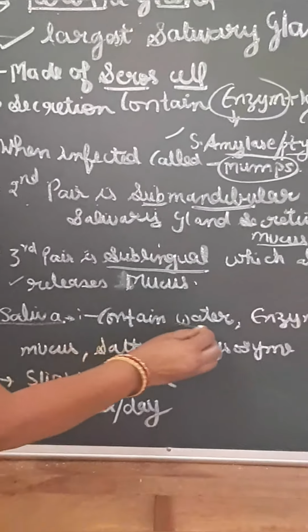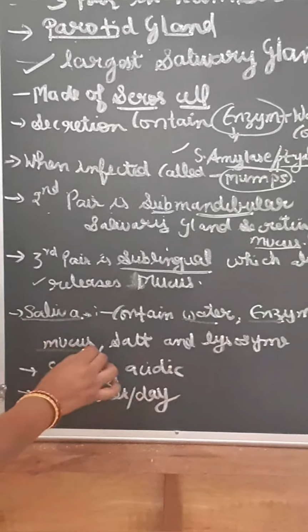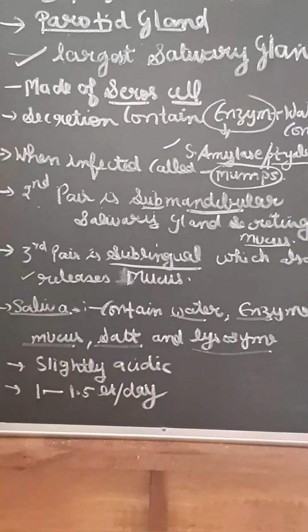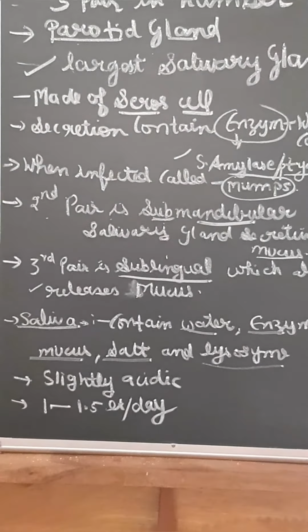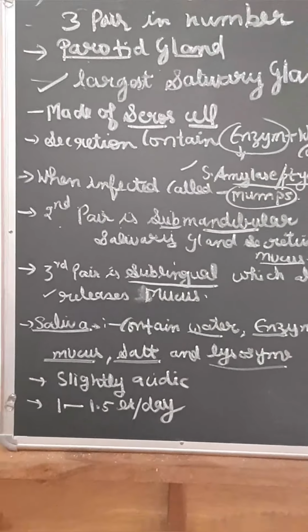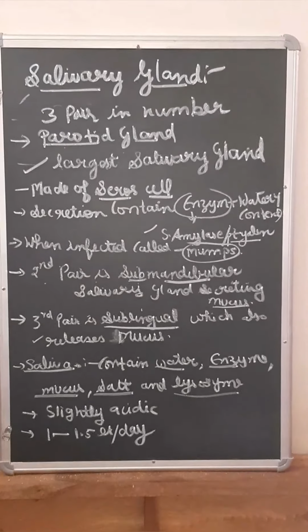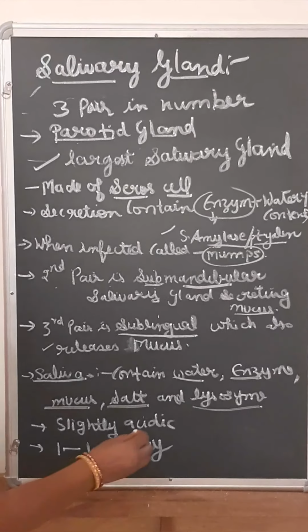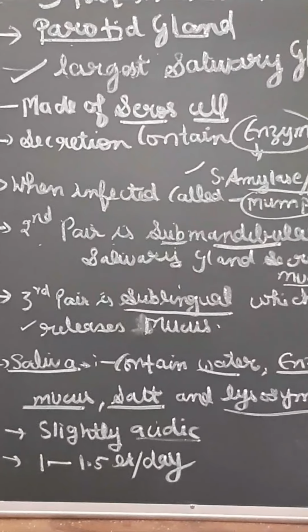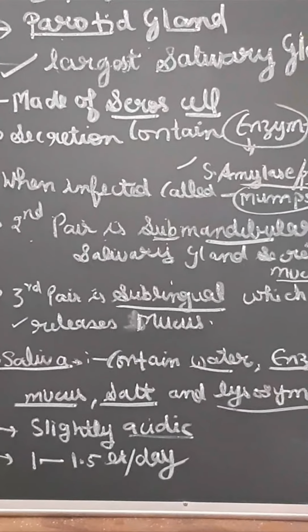Saliva contains water, enzymes, mucus, salts and a special bactericidal chemical, lysozyme, which helps to disinfect bacteria if they enter along with the food. It is slightly acidic in nature and approximately 1 to 1.5 liters per day is released.